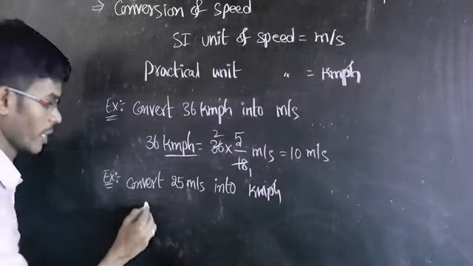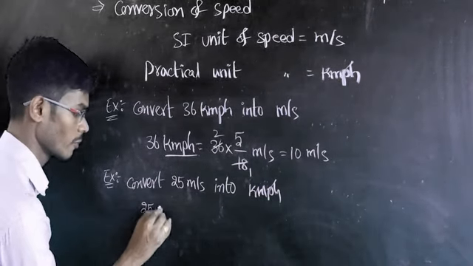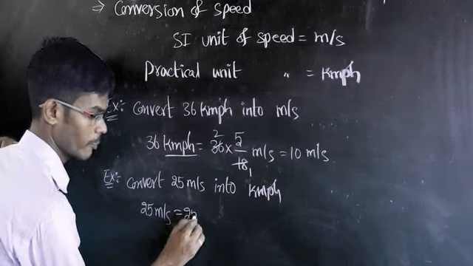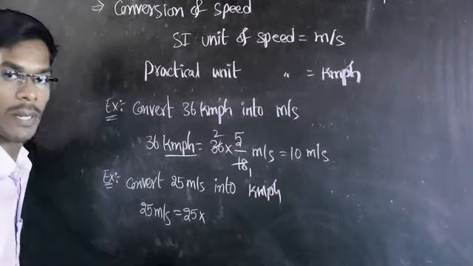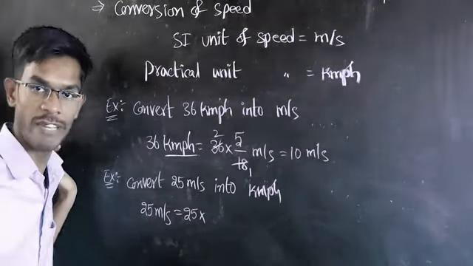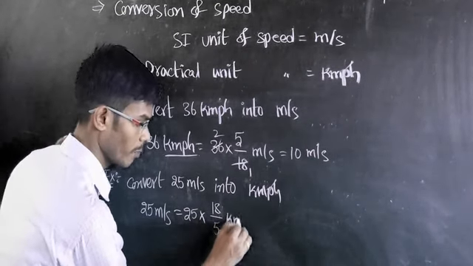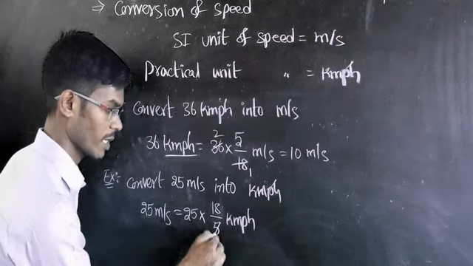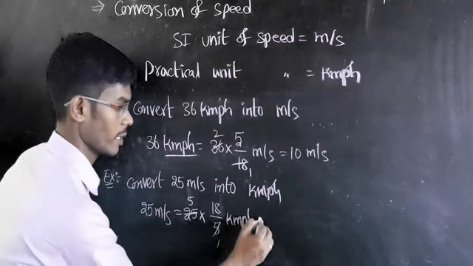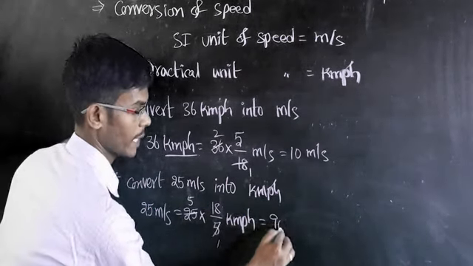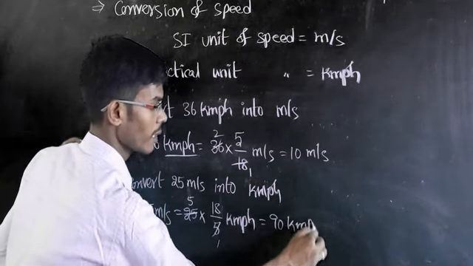So here 25 meter per second is equal to 25 into 1 meter per second, which means how many kilometer per hour? 18 by 5 kilometer per hour. So 5 ones are 5, 5 fives are 25, and 18 into 5 is 90 kilometer per hour.